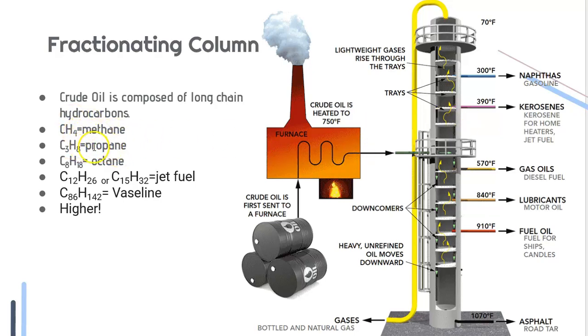Here's propane that you use in your barbecue grill. Jet fuel has 12 to 15 carbons. Vaseline is going to be even higher with 86 carbons. I heat them up, and then I can pull them off in segments of the column based on temperature. And these can be packed up, barreled up, and shipped off.